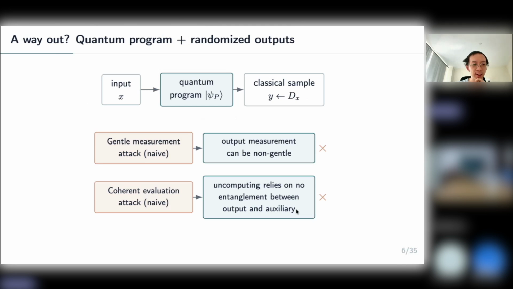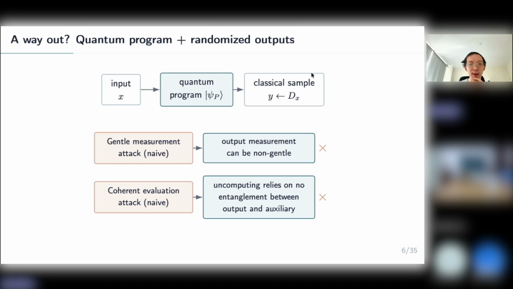Okay. So subsequently, people realized that there is actually a way to get a meaningful quantum one-time program. But to get this, you not only need a quantum state for your program, you also need to consider unconventional functionalities. In particular, the output of your functionality must be randomized instead of deterministic in order to get around the two attacks I just showed you.